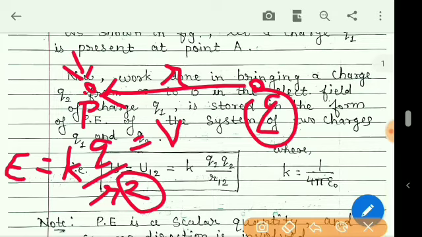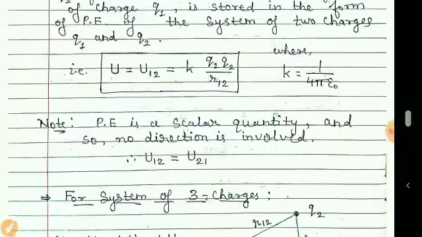So remember students, if a single charge is there, then around it we have an electric field, and at any point in that electric field there is a potential. But if there are two charges, then between the two charges there is a force acting between them, as well as a potential energy for the system of those two charges.